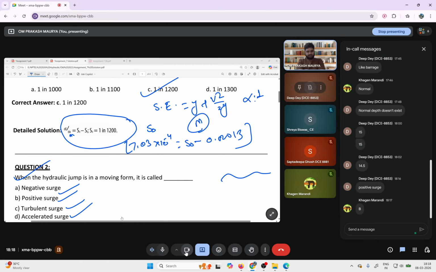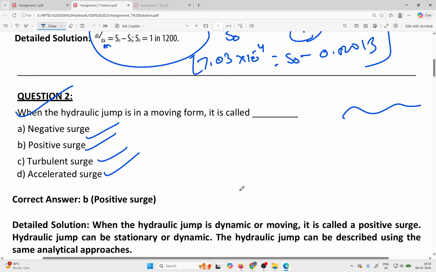Kagan is telling B option. Fine. Positive surge. So when your hydraulic jump is in the moving form, always remember that will be the positive surge. Detailed solution: when the hydraulic jump is dynamic or moving, it is called a positive surge.